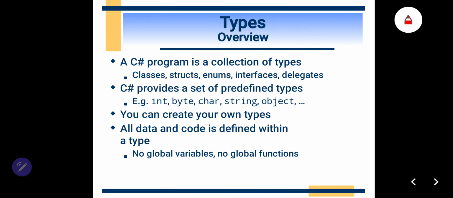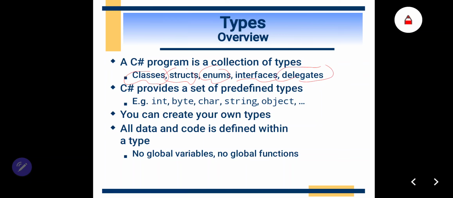Types overview for the C# programming language. A C# program is a collection of types: classes, structs, enums, interfaces, and delegates.